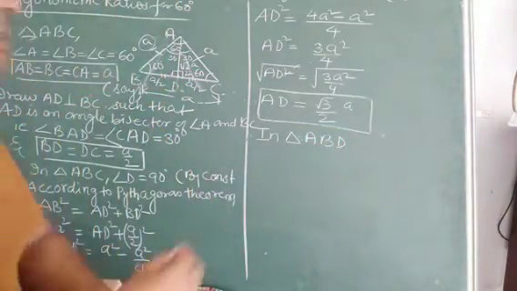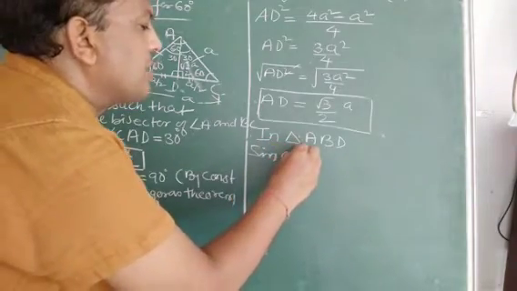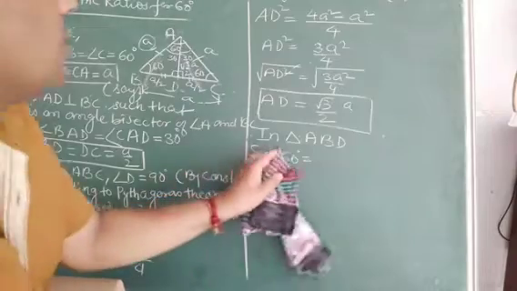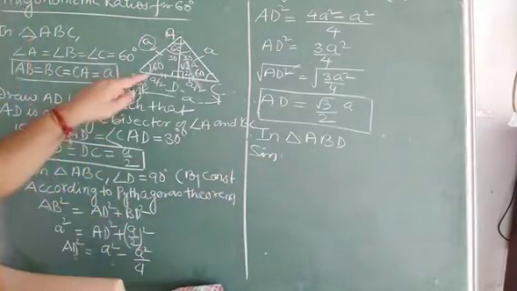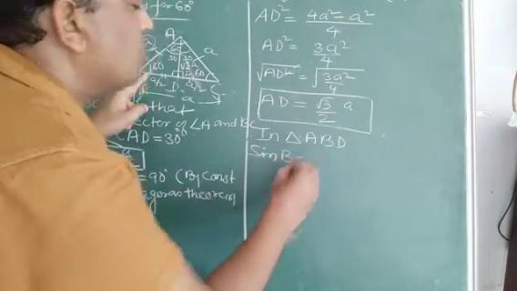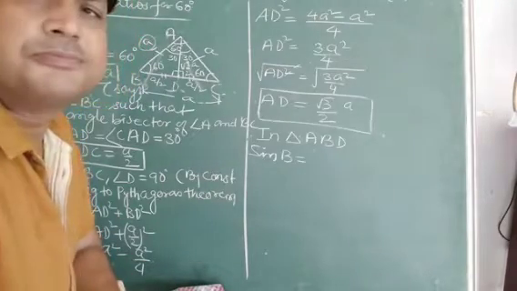In triangle ABD, sine 60 degree, or sine B is equal to. In place of 60, directly which angle are you going to consider? Angle B, because angle B is 60. So sine B is equal to, what is the formula, children?